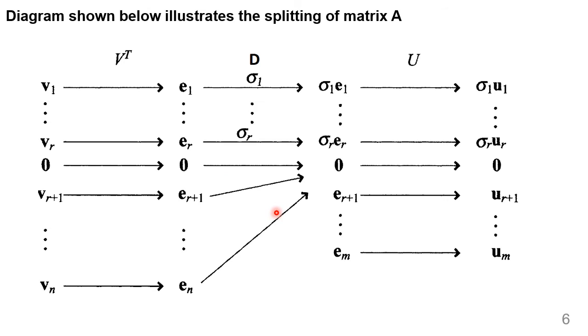Here it helps in stretching the given data either vertically or horizontally, depending on the value of sigma i. V transpose is a right singular vector matrix comprising vectors V1 to Vn in the n dimensional space. Once again, it is a rotating matrix and it is orthogonal in nature.